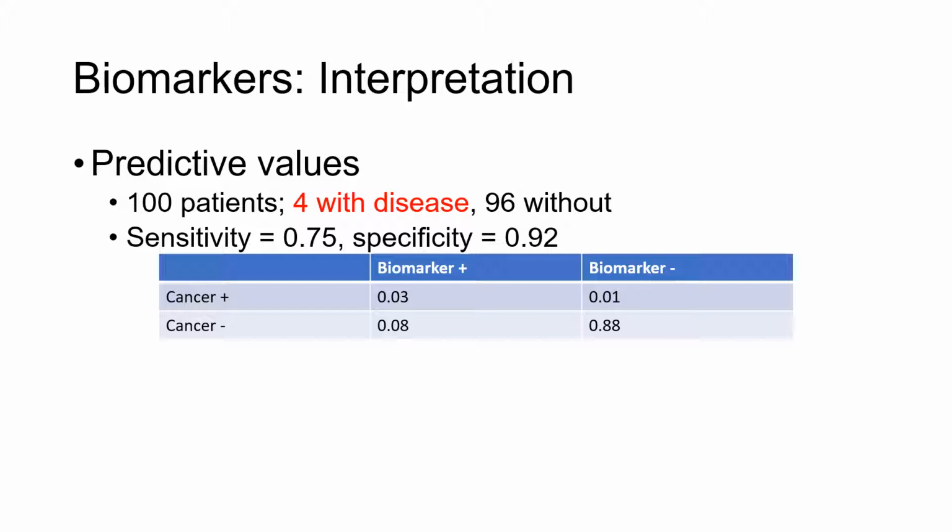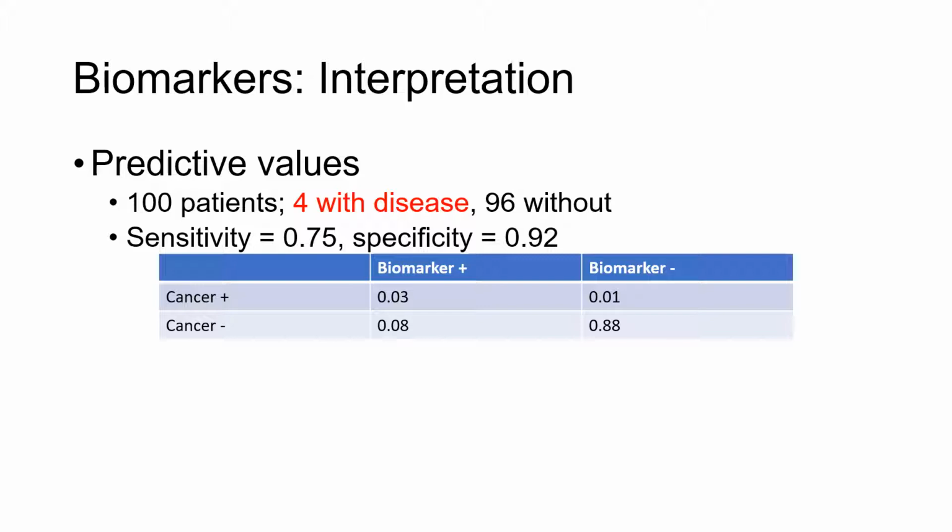By multiplying the prevalence, 0.04 or 4%, by the sensitivity, which again is the proportion of patients with the disease who will have a positive biomarker result, we see that our true positive rate is 3%, or 0.03. That's in the upper left box in the 2x2 table. To determine our false negative result, we then simply subtract 0.03 from our prevalence of 0.04 to get 0.01.